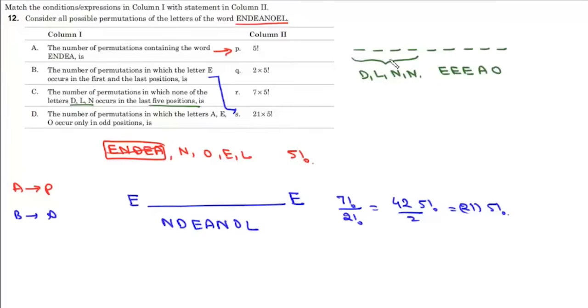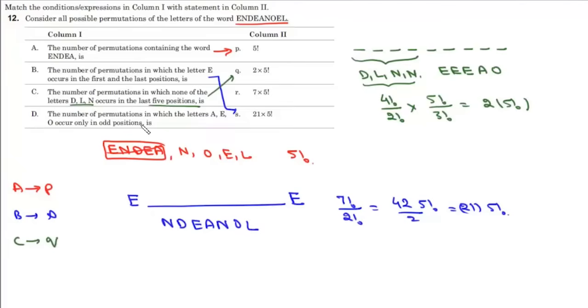The first 4 positions are reserved for these 4 letters, and they can be arranged in factorial 4 divided by factorial 2 ways. Here they can be arranged in factorial 5 divided by factorial 3 ways. So it will be simply 2 into factorial 5. So this C matches with Q.